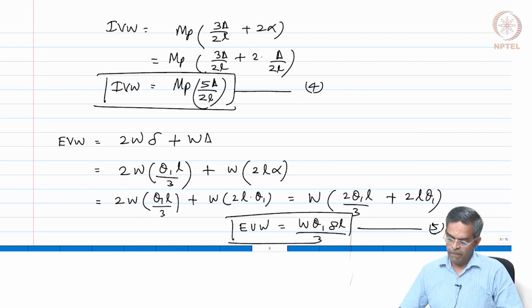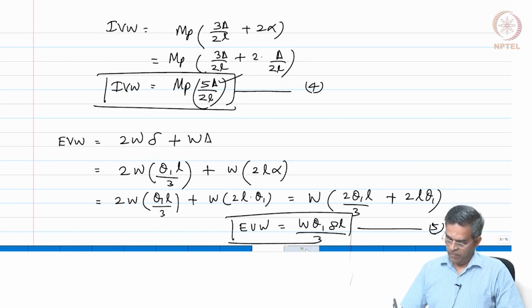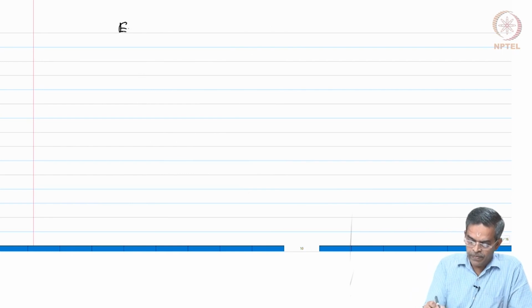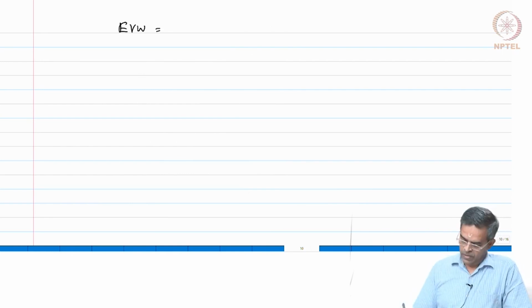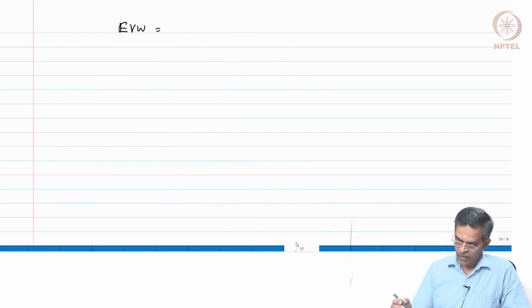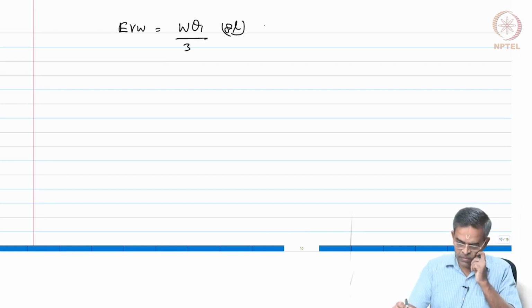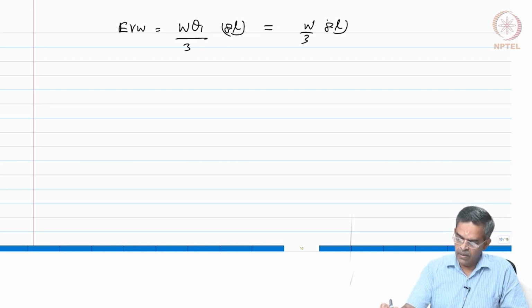So, now you see I have internal virtual work in terms of delta, but here I have this in terms of theta 1. Okay. Let us convert this, which now becomes W theta 1 by 3 of 8L, which can be said as W by 3 8L.